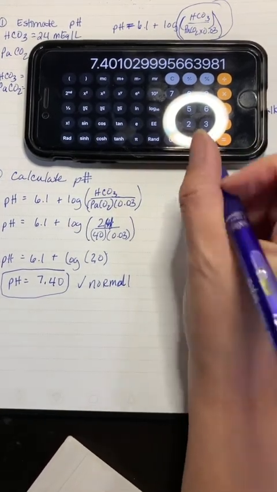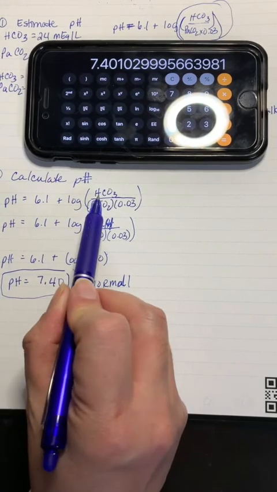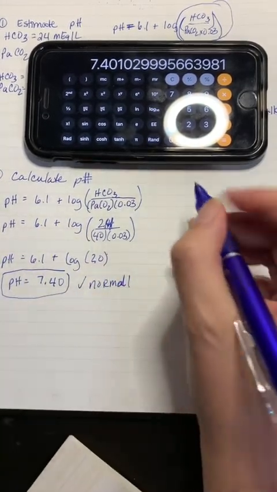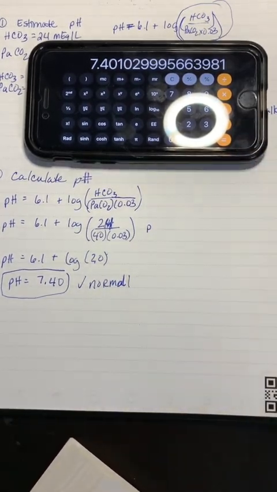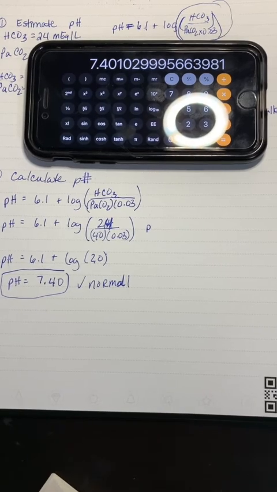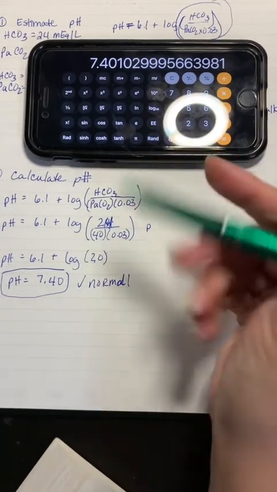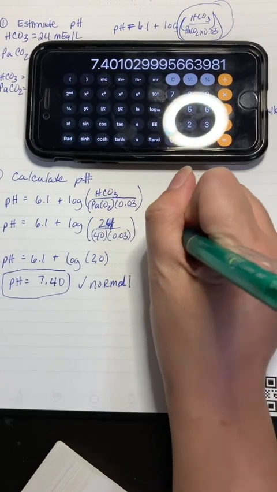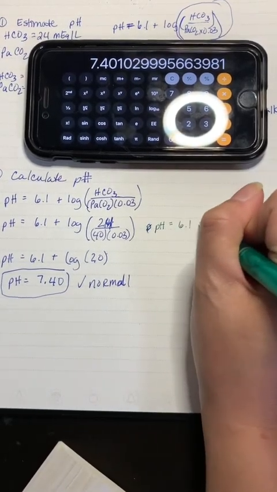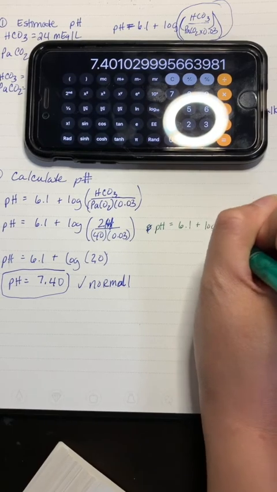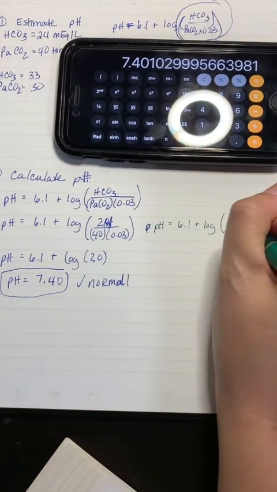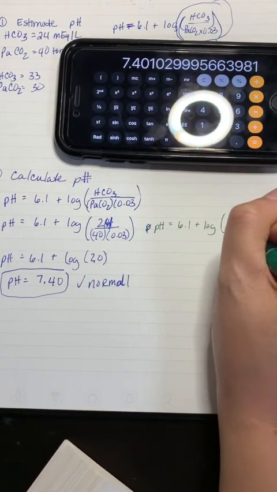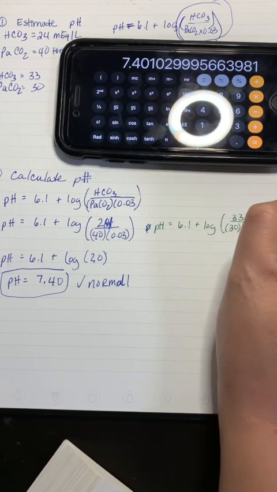So pH is equal to 6.1 plus the log of bicarb over your PaCO2 times 0.03, which is 6.1 plus the log of 33 over 30 times 0.03.